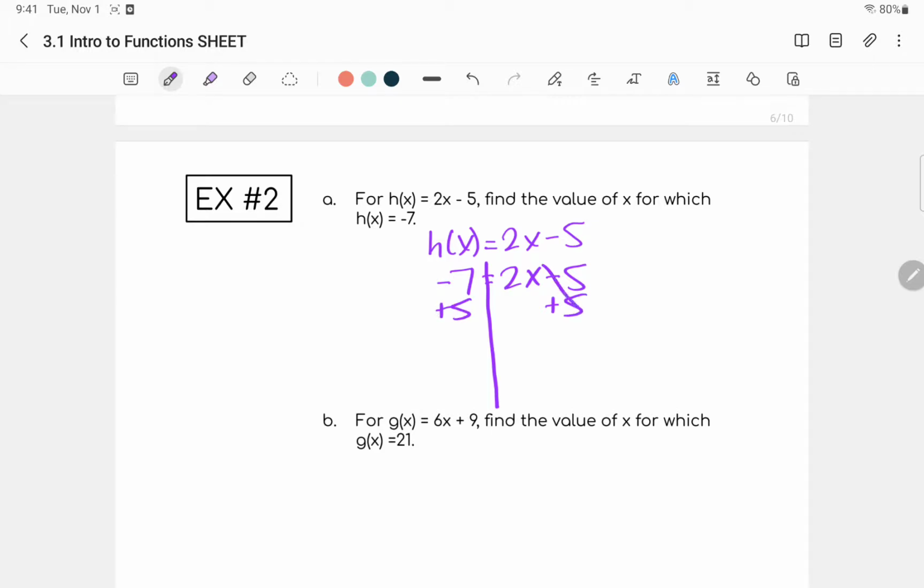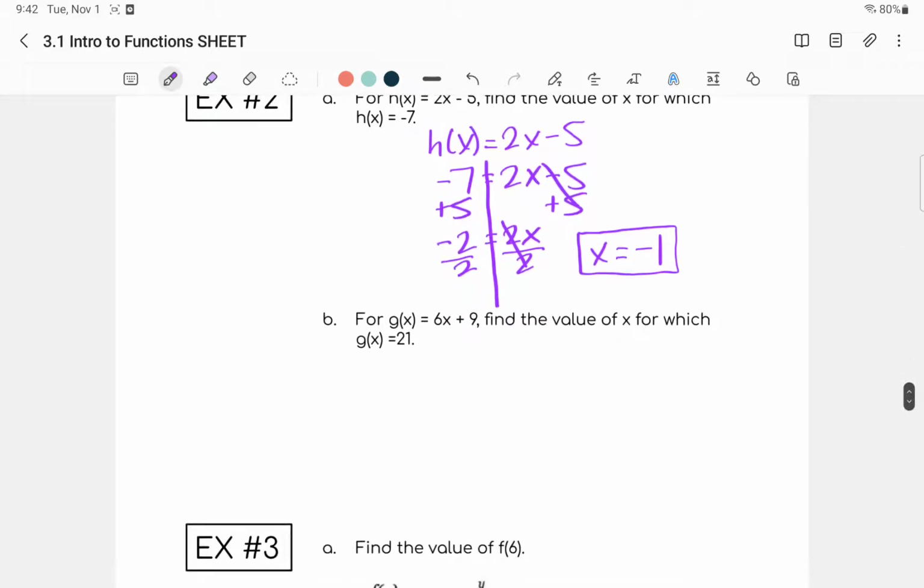Negative 7 plus 5 is negative 2. 2x is on the right. I'm going to divide both sides by 2. I'm left with x. Negative 2 divided by 2 is negative 1. So my value of x, for which h of x is negative 7, is negative 1.